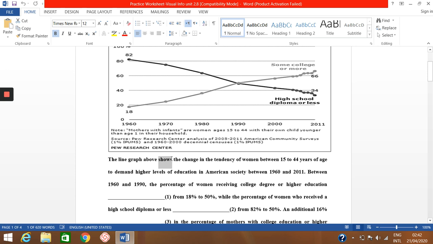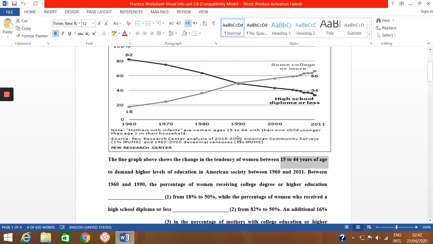This is the very beginning, and it's very important to pay attention to the subject-verb agreement. The line graph above shows the change in the tendency of women between 15 to 44 years of age. I mean, those whose age ranges between 15 to 44.